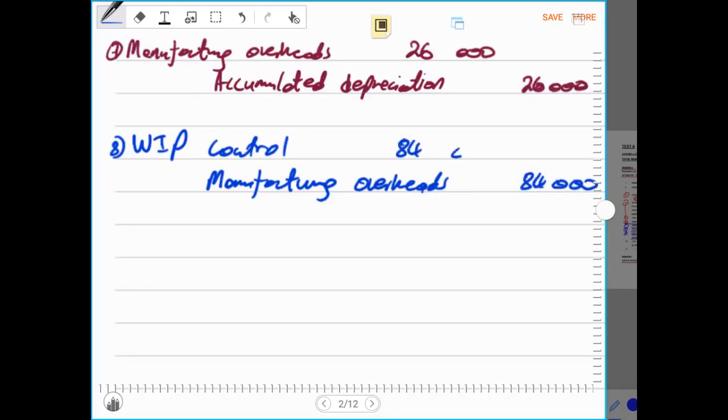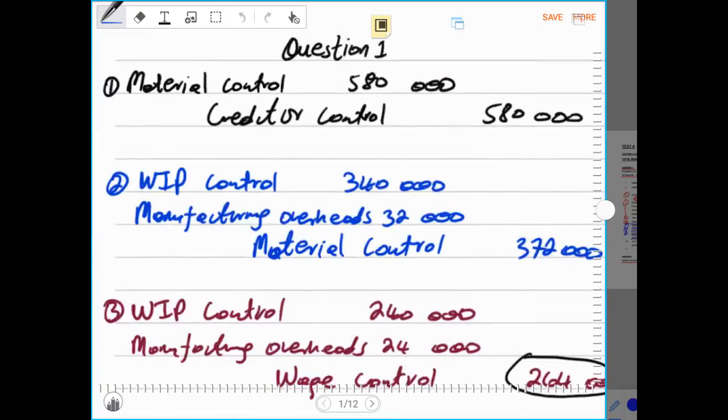Now immediately when you have recorded this, and this is something very important so that you do not forget it, make sure that you record this immediately after this transaction. Now if you remember, I said that we had manufacturing overhead that was recorded under entry number 2.